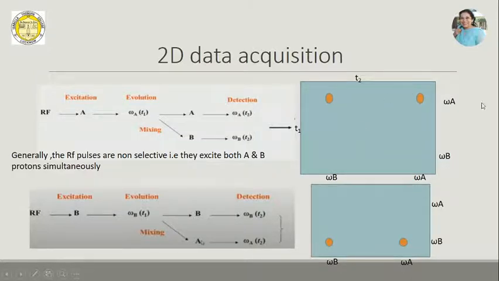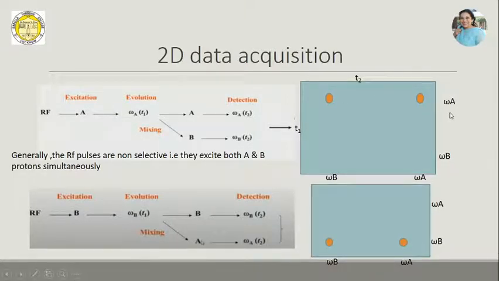I am seeing two peaks because cos omega A t1 gets multiplied with cos omega A t2 to give the first spot, and the second spot appears because cos omega A t1 gets multiplied with cos omega B t2.